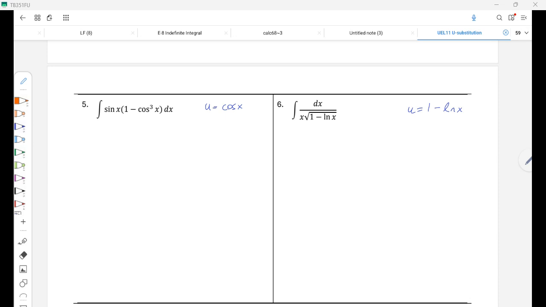So u is cosine x, du is negative sine x dx, and we want a positive sine x dx, so we just made that negative du equal sine x dx. Perfect. So the sine x times the dx is being completely replaced with a negative and a du.